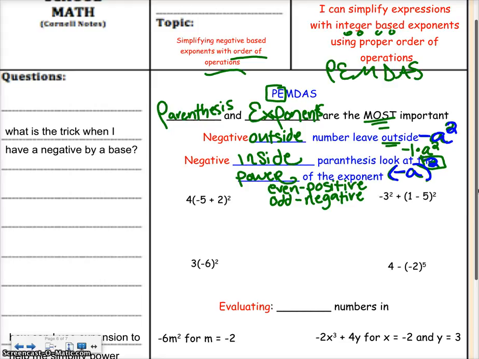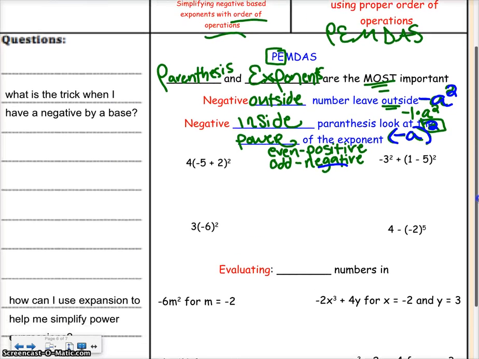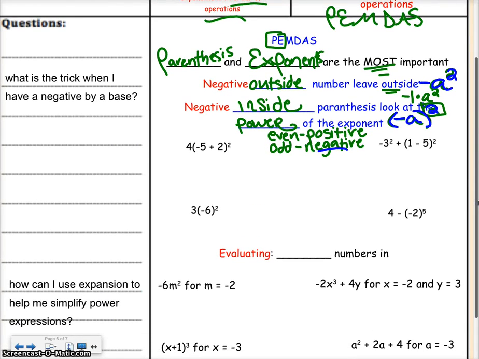Since this 2 is even, then it would be a positive answer. If the exponent was odd, it would be a negative answer. So that is all you need to know today. It's just going to get a little intense as we simplify through with the order of operations. So you just go step by step.